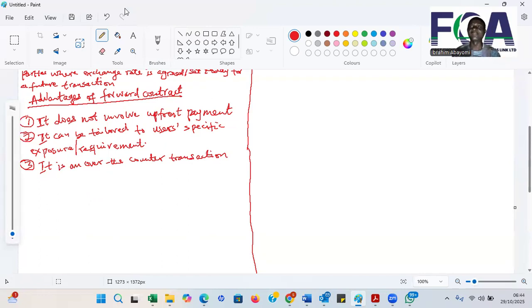It's not something that someone arranges between you and the other party. It's just like your loan. You want to take a loan from the bank, what happens? You go to the bank, you arrange the loan directly with the bank. There is no middleman between you and the bank. That is what we call an over-the-counter transaction.